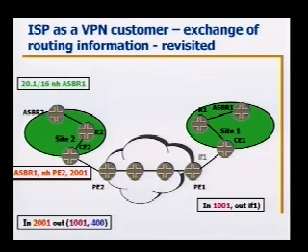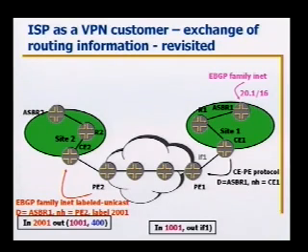I would like to take one moment and look again at this routing exchange. So remember, I always say we're going to look at the routing exchange from one side flowing to the other side. Just for this once, now picture that we also want to do the similar exchange for routes from Site 2 towards Site 1. So what will happen then? What will happen is that I'm going to have exactly the same protocols again on these links. So I end up with two protocols running on each link.